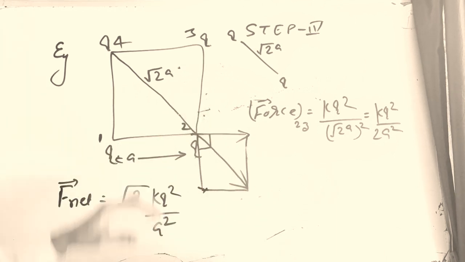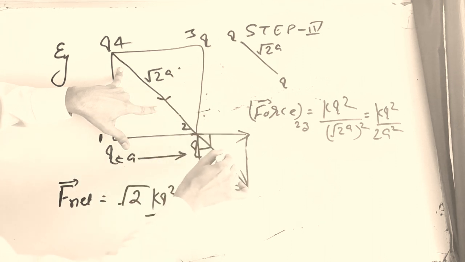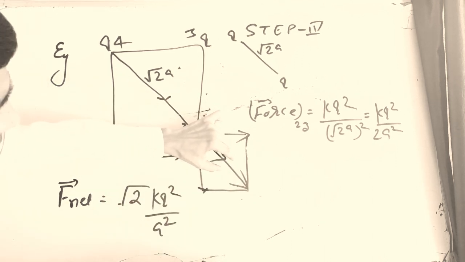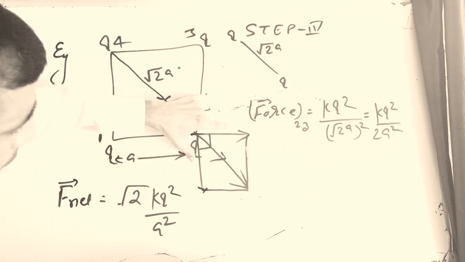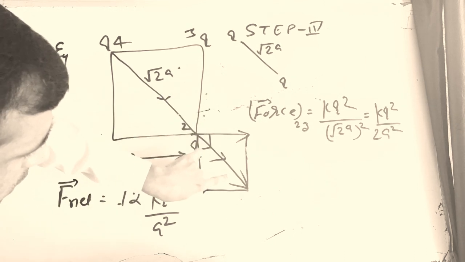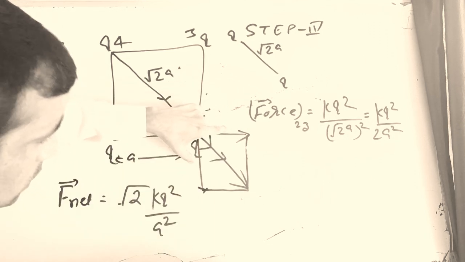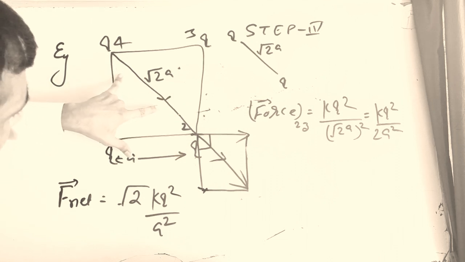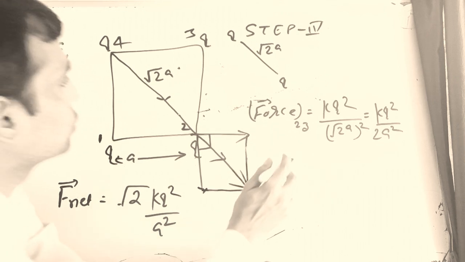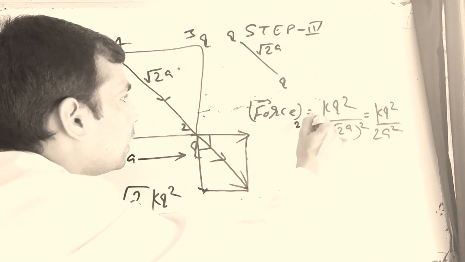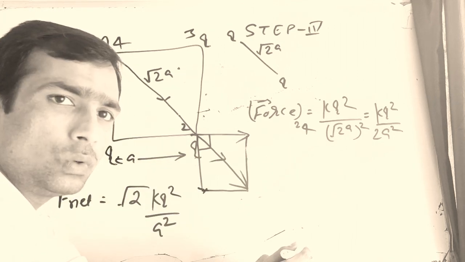You can see this is the force, and the direction remains the same. This is already F net due to all these pairs of charges. Already I told you F net due to this pair of charges, and this is the net force of 2 and 4. Sorry student, this is 2 and 4, kq² upon 2a².